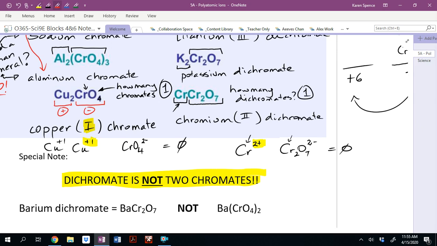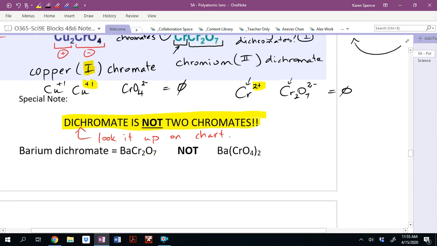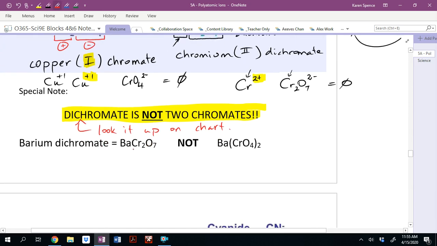What should you do when you see dichromate? You should look it up on the chart. Okay, so barium dichromate is barium dichromate, not barium with 2 chromates.